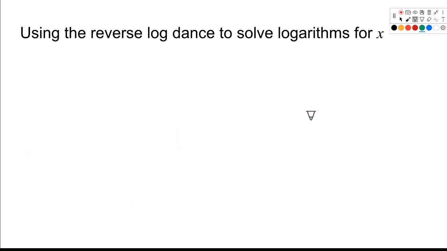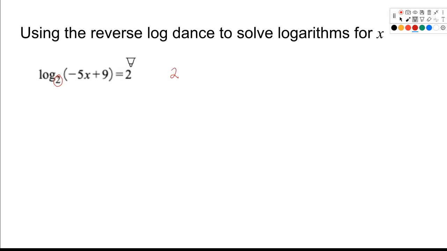The reverse log dance. So if I've got this logarithm, right, I can turn this into an exponential, and what we're going to see is that that will allow us to solve for x. So how do we do this? Well, the base of a logarithm is the base of an exponential. So that's the base. It's going to have an exponent.